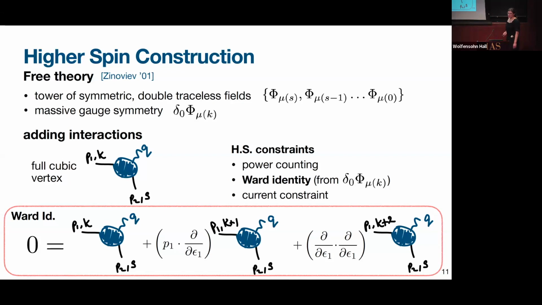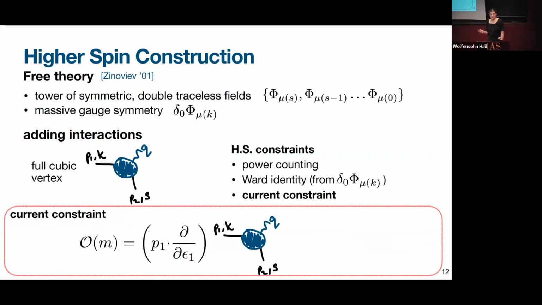So this is one of the constraints that we're imposing. And the second constraint that we have is the current constraint. And this is related to imposing better high energy behavior, so softer high energy behavior, which is related to tree level unitarity. And in fact, if we were considering massless fields, you would find that this constraint is quite similar to the massless Ward identities. It's essentially just the derivative of the current.